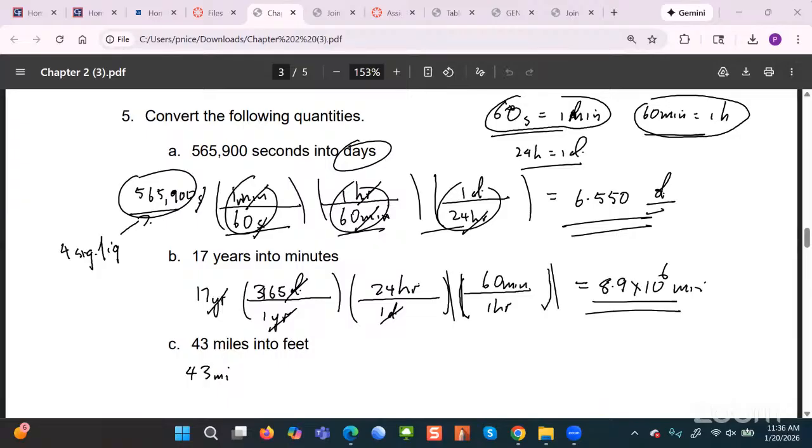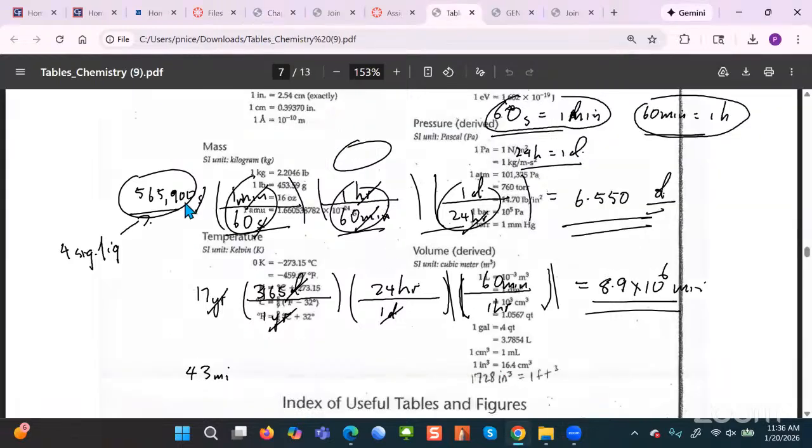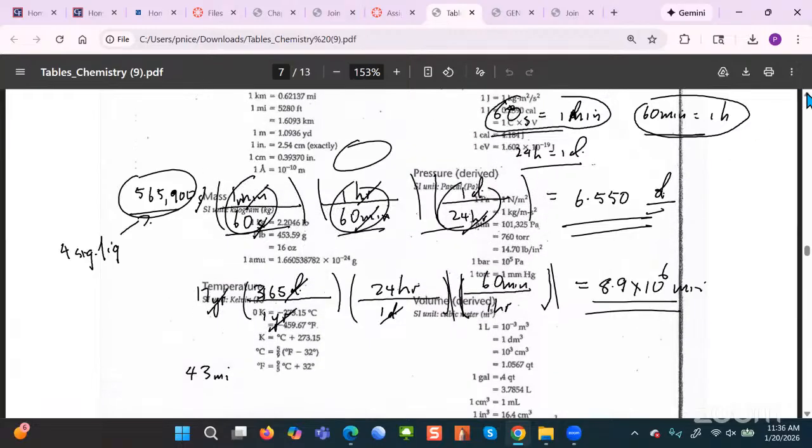Now let me get to the table. We're trying to go from 43 miles to feet, right? Oh, that one is actually right here. 1 mile is equal to 5,280 feet.